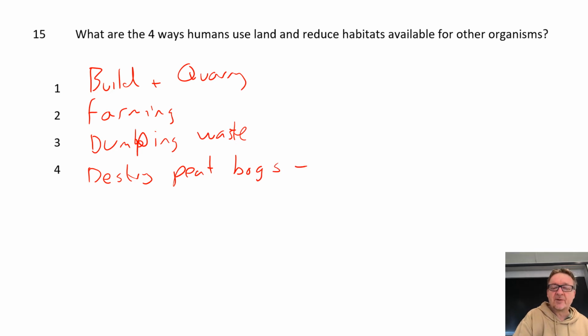What we do with the peat bogs is we just make it into compost, or just burn it. So peat bogs is, if you go walking in a certain place and it's really squishy and really wet, right? It's very concentrated organic matter that hasn't rotted. And what we're doing is we're digging them up so that we can turn them into compost to go in our gardens, or we dry it out and we burn it.